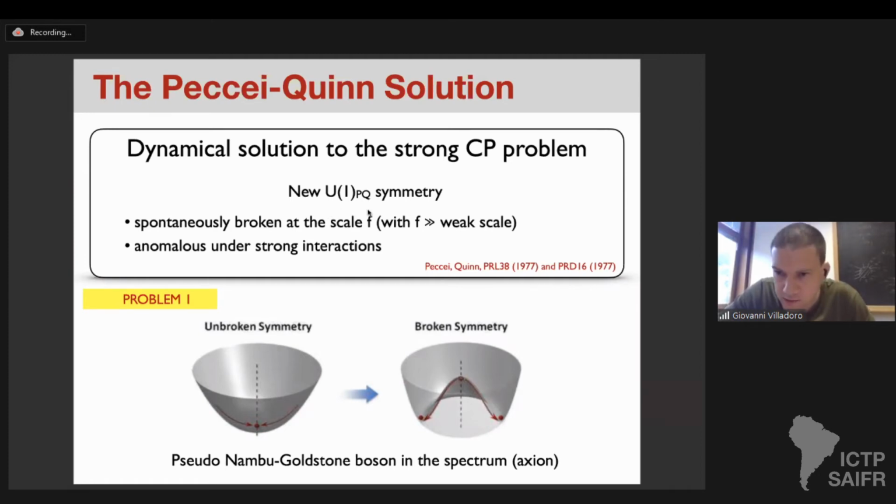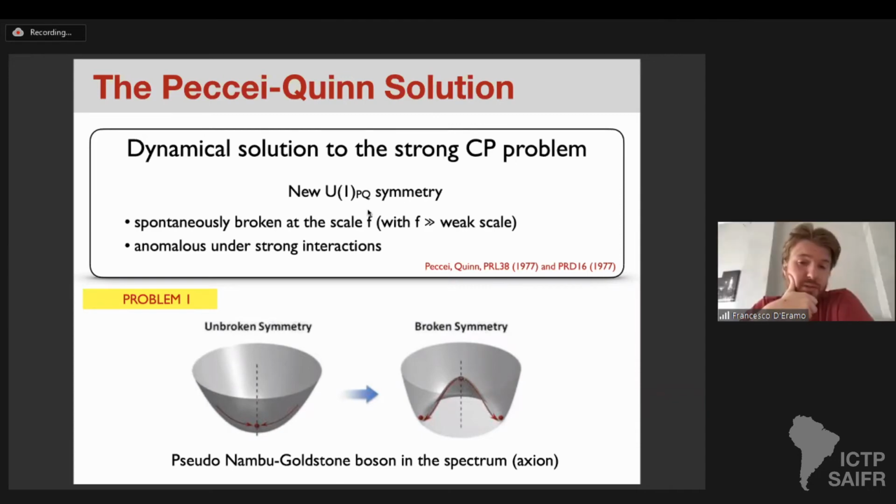Tessio asks, in the post-inflationary scenario, is it possible to avoid the domain wall problem? Yes, the domain wall problem is present in this situation, but there are known solutions. One of them is N = 1, if you know what N is, the anomaly coefficient associated to color.